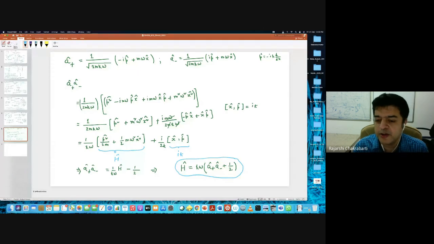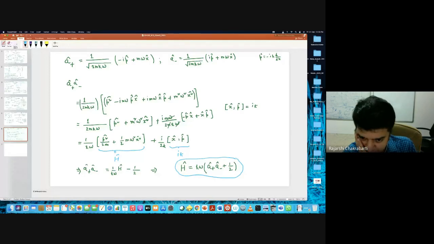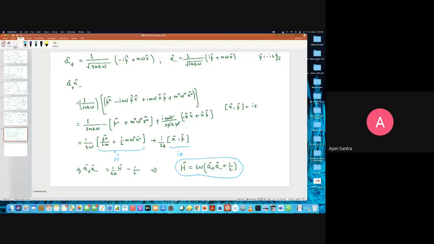Now I'm writing the Hamiltonian in terms of these two operators, A plus and A minus. Okay, is this fine with all of you? I hope I have not done anything wrong. Yes, fine, sir.